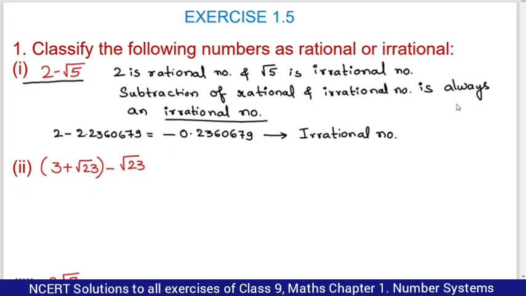Now second one, 3 plus root 23 minus root 23, equal to 3 plus root 23 minus root 23. These two get cancelled. Remaining is 3. 3 can be written as 3 by 1. It is a rational number.